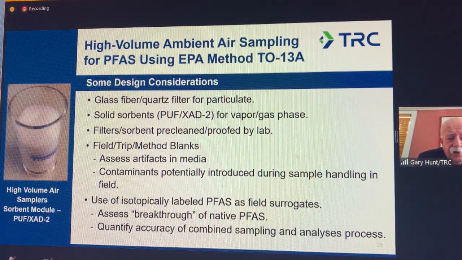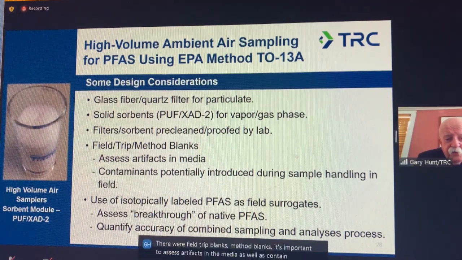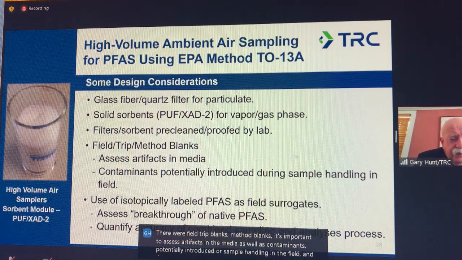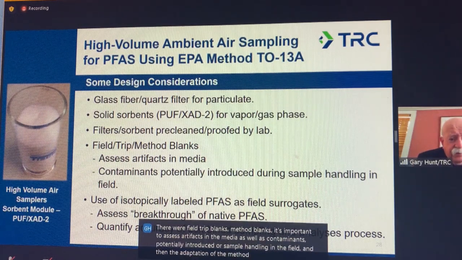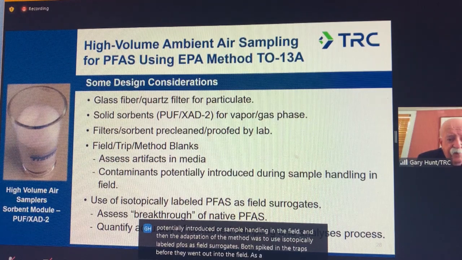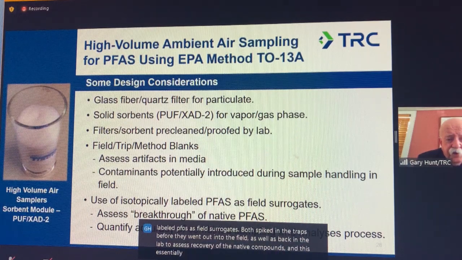It's important to assess artifacts in the media, as well as contaminants potentially introduced during sample handling in the field. And then the adaptation of the method was to use isotopically labeled PFAS as field surrogates, both spiked in the trap set before they went out into the field, as well as back in the lab to assess recovery of the native compounds. And this essentially would quantify the accuracy of the combined sampling and analysis procedure.